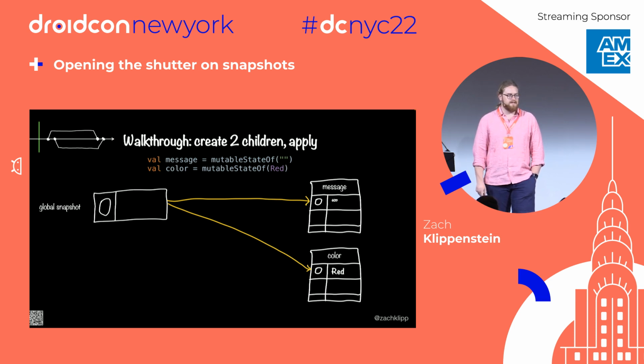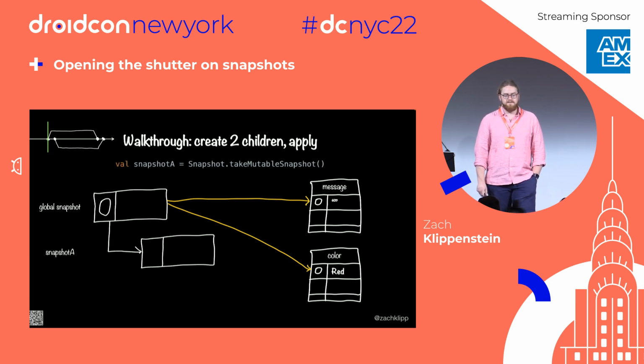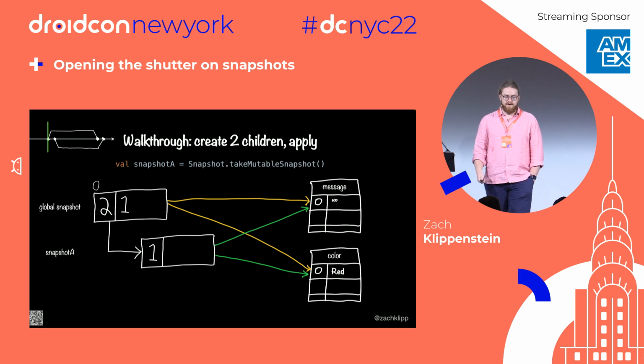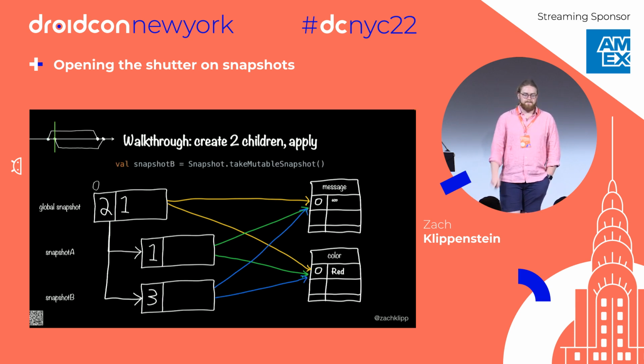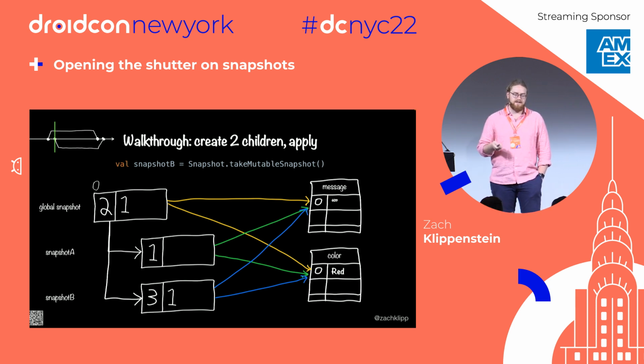So we're going to start again in the global snapshot, write some initial values, and create a child. This is similar to the previous one. We just have 2 state objects now. Advance the parent, update the invalid set, and that's it. Now we're going to create the second child and go through the same set of steps. Create the child. This time, we're also going to copy the parent's invalid set into the child.